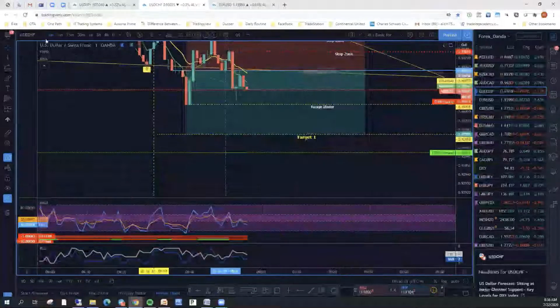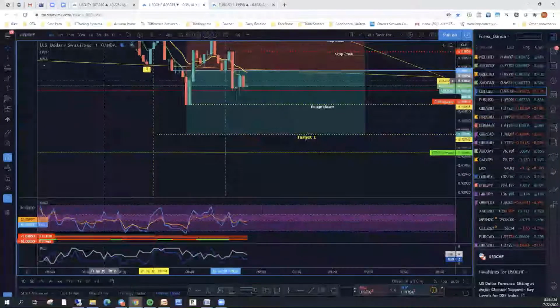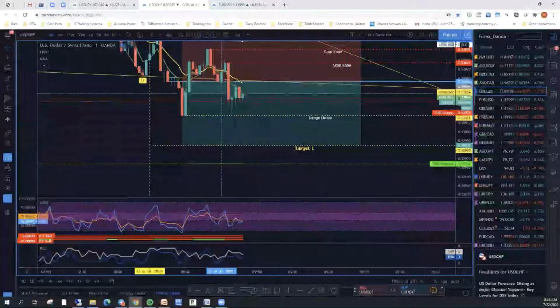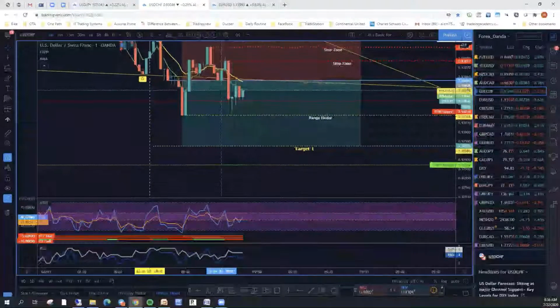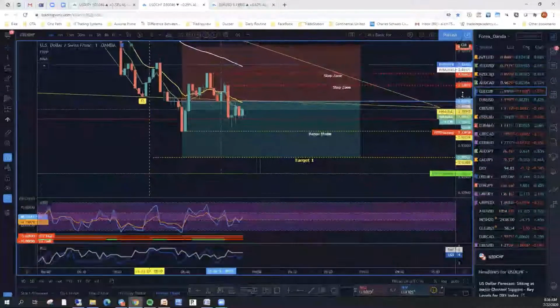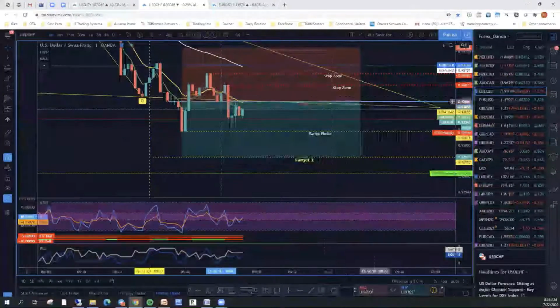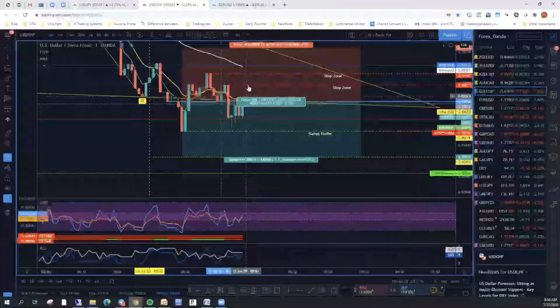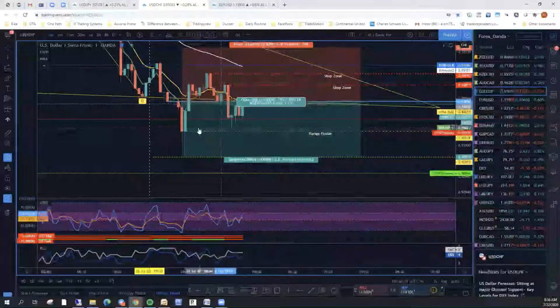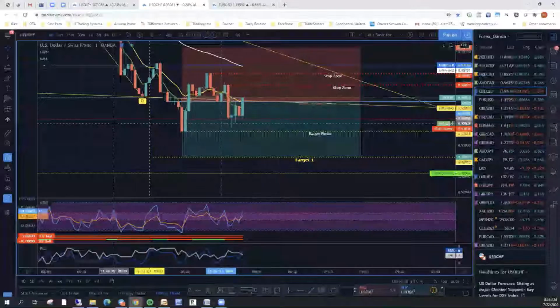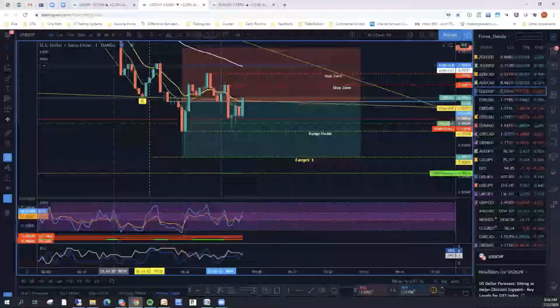Again, we're still looking for weakness on the dollar. I did have a big down move yesterday, but right now it looks to me like it's just ranging in between this area right here. Yeah, it looks to me like it's forming another little wedge there, Al. Yeah, it does, doesn't it?